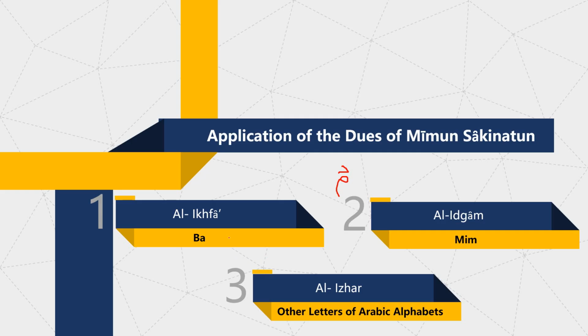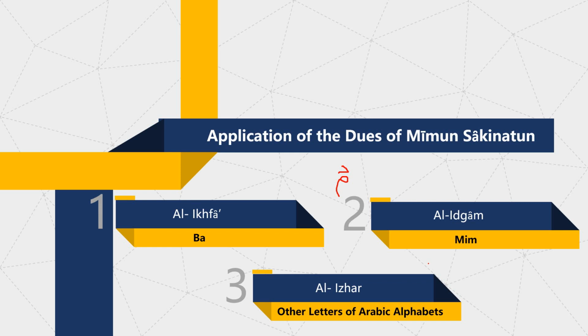If it is followed by ba, the rule is ikhfa. If it is followed by mim, the rule is idgham, called idgham mutamathilayn.